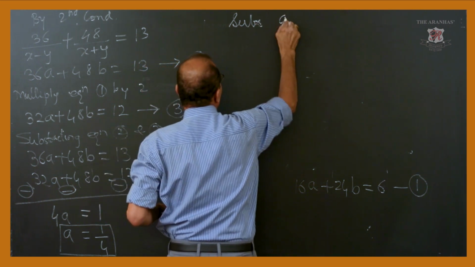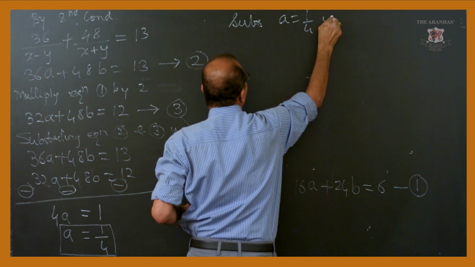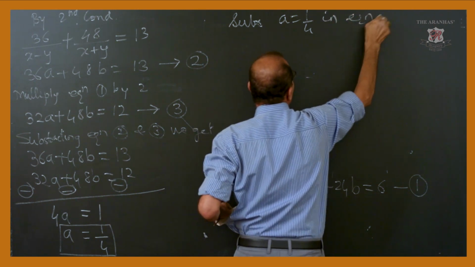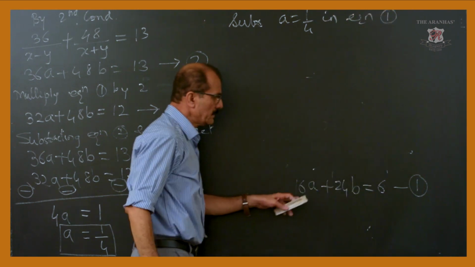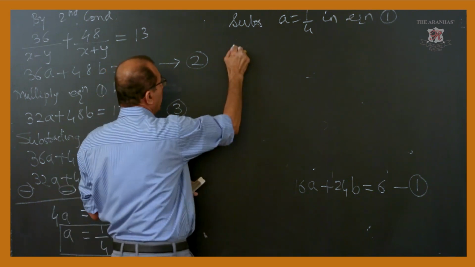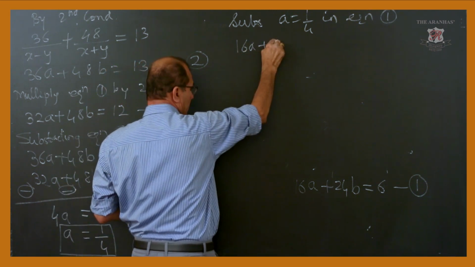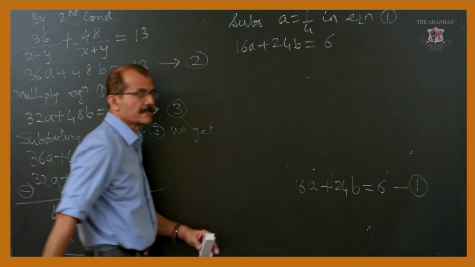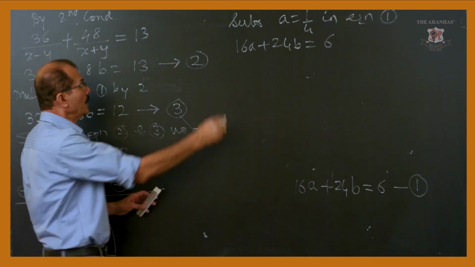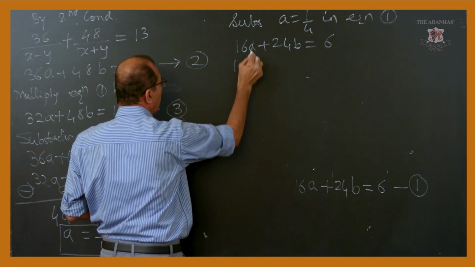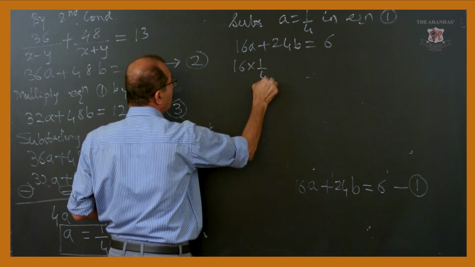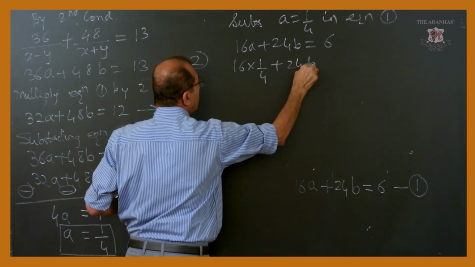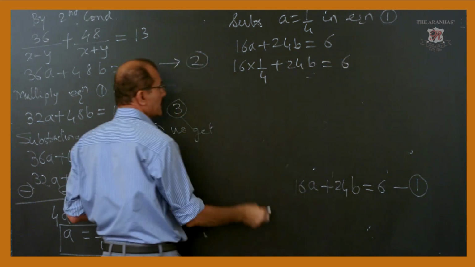Substitute a is equals to 1 by 4 in equation number 1. What is my equation 1? 16a plus 24b is equals to 6. So, 16a, what is my a? 1 by 4, plus 24b is equals to 6.